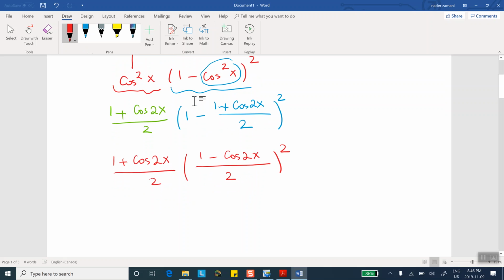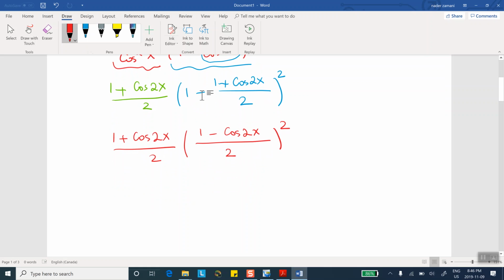Okay. Now we're going to have to do a little bit of cleanup. So first of all, the power 2 and this thing, let me take them out. So it's going to be, now remember, this 2, because there's a power 2 up there, it comes out as 1 over 4, 1 minus cosine of 2x to the power 2.